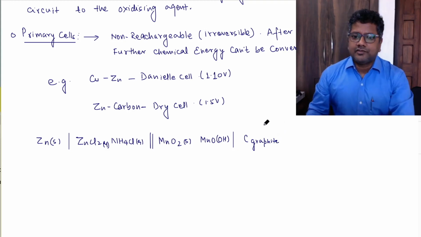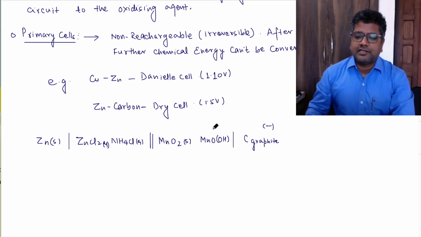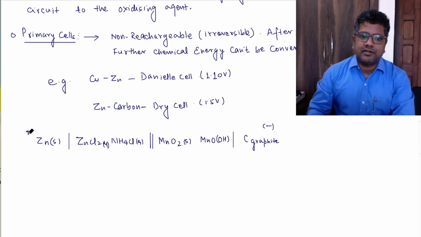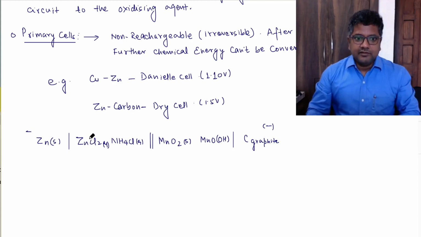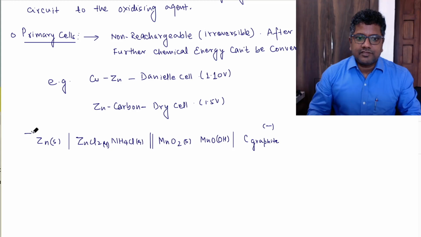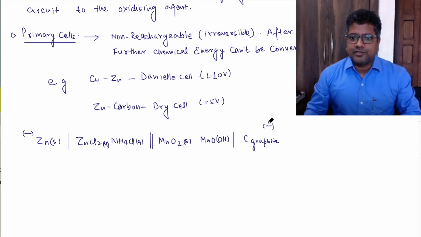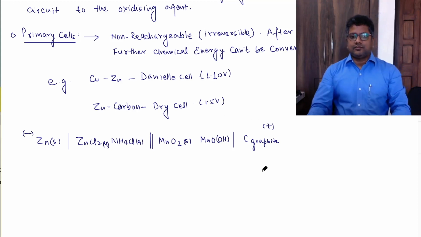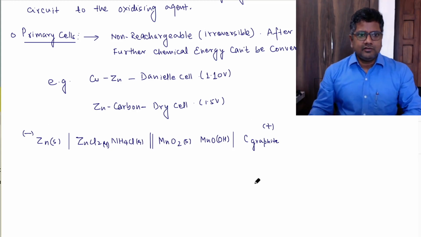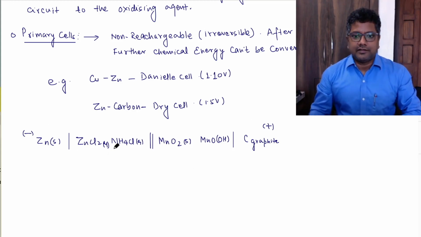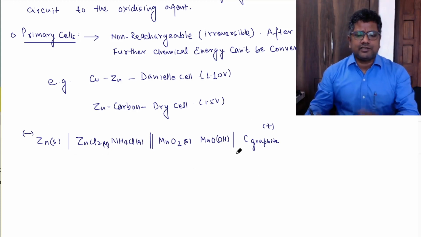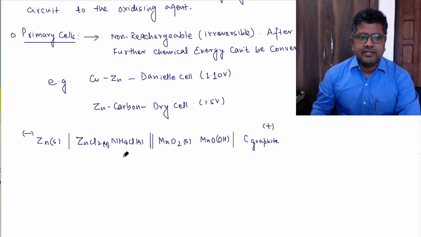So this is the negative terminal of the cell, the anode, and this is the positive terminal of the cell, the cathode.